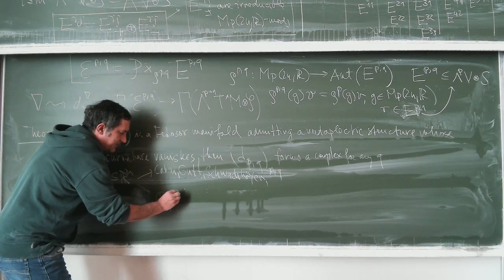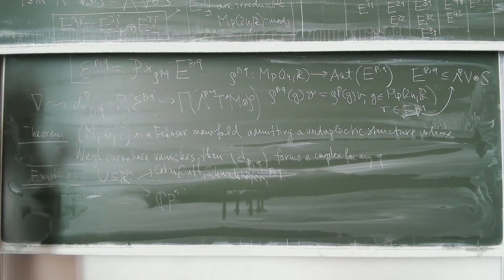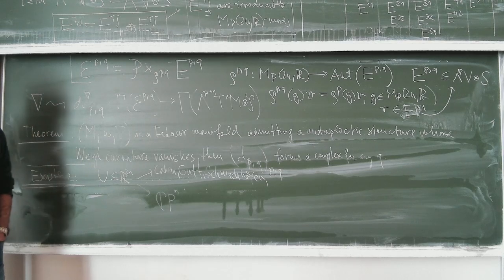I was too generous. CP^n with the Fubini-Study metric and the standard complex structure inducing omega, inducing the symplectic form by the 2 out of 3 property.